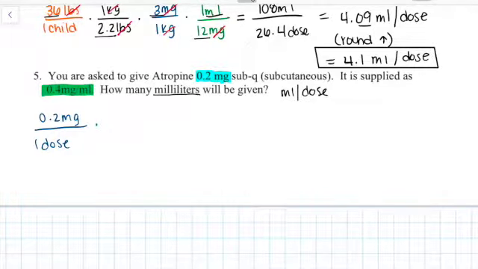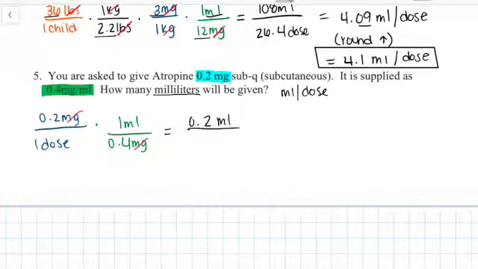So 0.4 milligrams per 1 ml. Let's remember to cross cancel out the milligrams. So 0.2 mLs over 0.4 dose equals 0.5 mLs per dose, so a half ml.